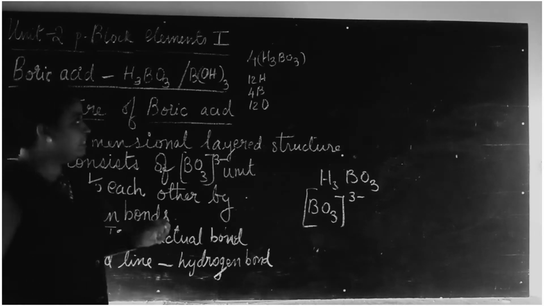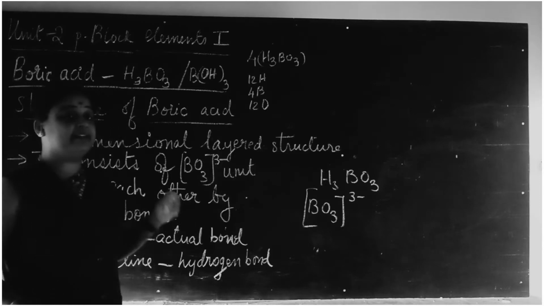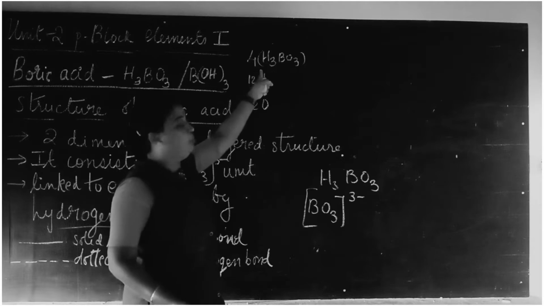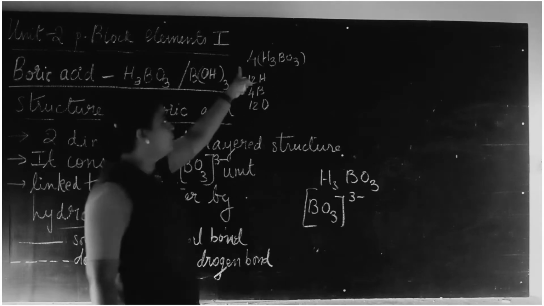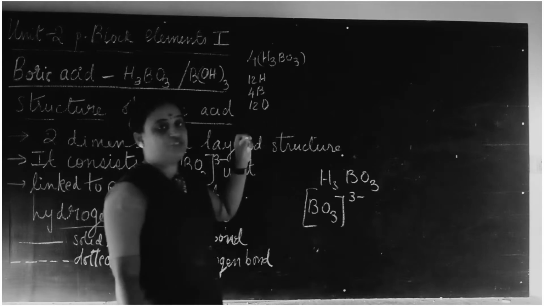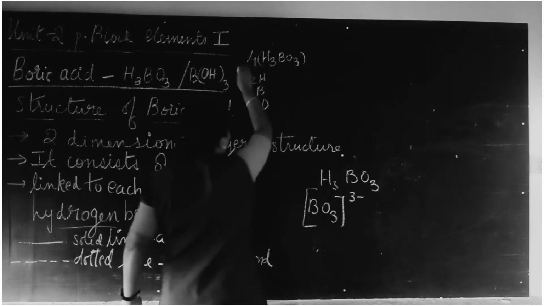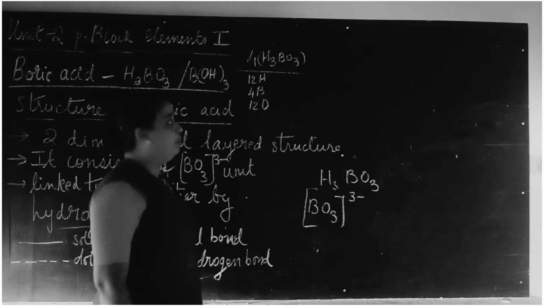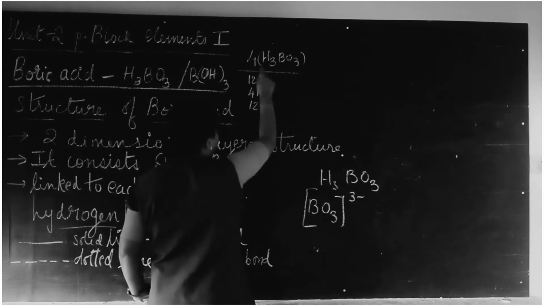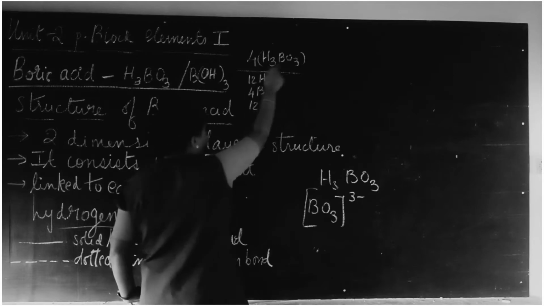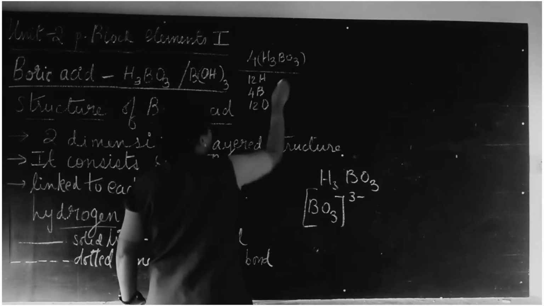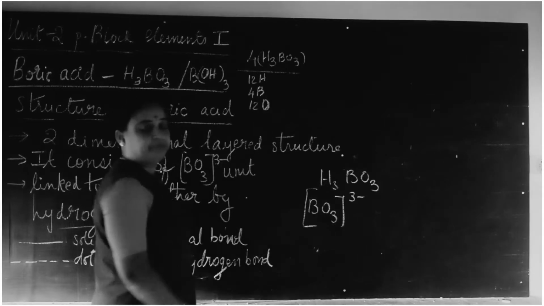Understood? Now let us study the structure of boric acid containing four units of boric acid, that is 4 H3BO3. For that we will draw the structure. When you take 4 H3BO3 units, how many hydrogens will be there? 4 threes are 12 hydrogens, 4 boron atoms, and 12 oxygen atoms will be there.